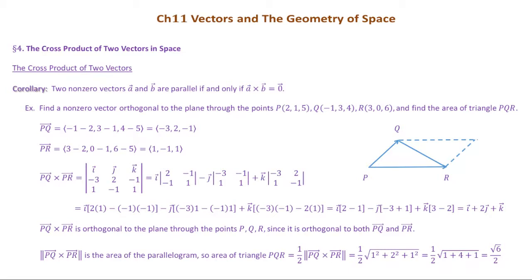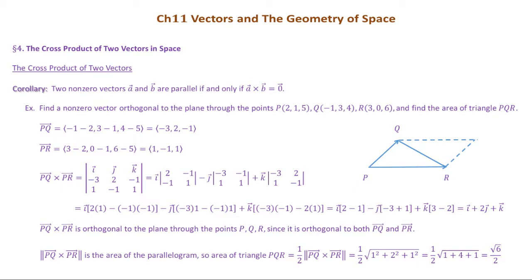But we already know PQ cross PR is just i plus 2j plus k. So what you need to do is just multiply half by the magnitude of this vector, i plus 2j plus k. And the magnitude of this vector is just the square root of 1 squared plus 2 squared plus 1 squared, which is 1 plus 4 plus 1, which is 6.